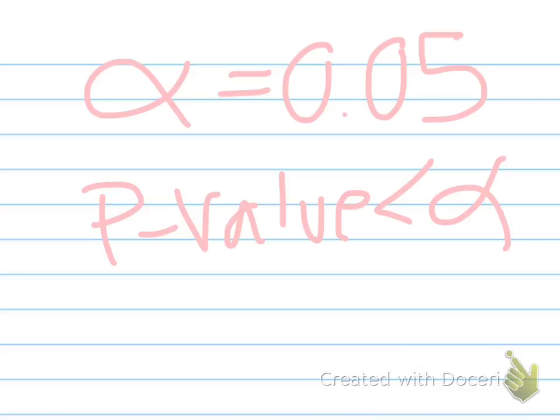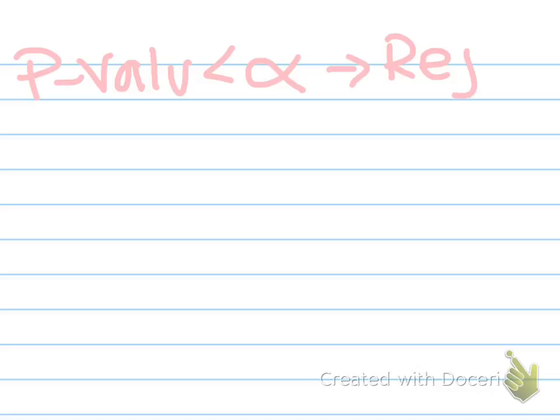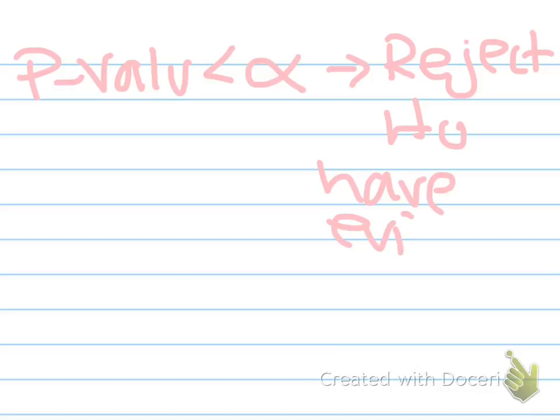To put it in a quick, handy way, how do I make my decision? This is in your notes, but if your p-value is less than alpha, the decision you need to make is to reject H naught. And now you have evidence for HA.